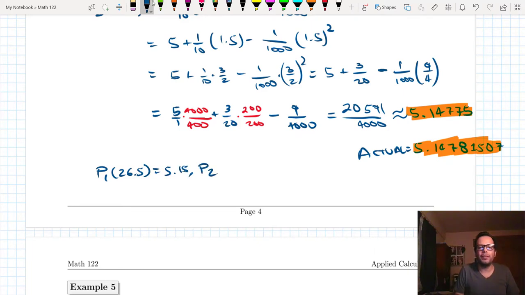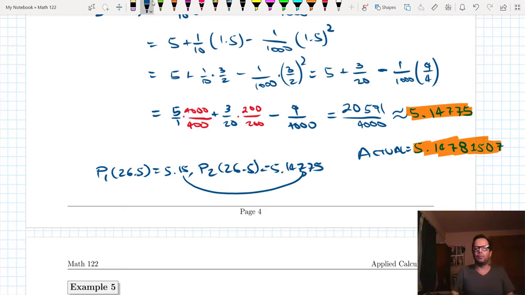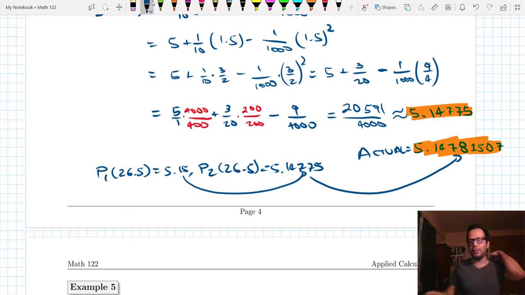P2 of 26.5 is this number we have here, 5.14775. See how this adds more digits to the decimal places, getting even closer to the actual value. So that's another example in which we use better approximation to obtain more accurate results when evaluating these functions.